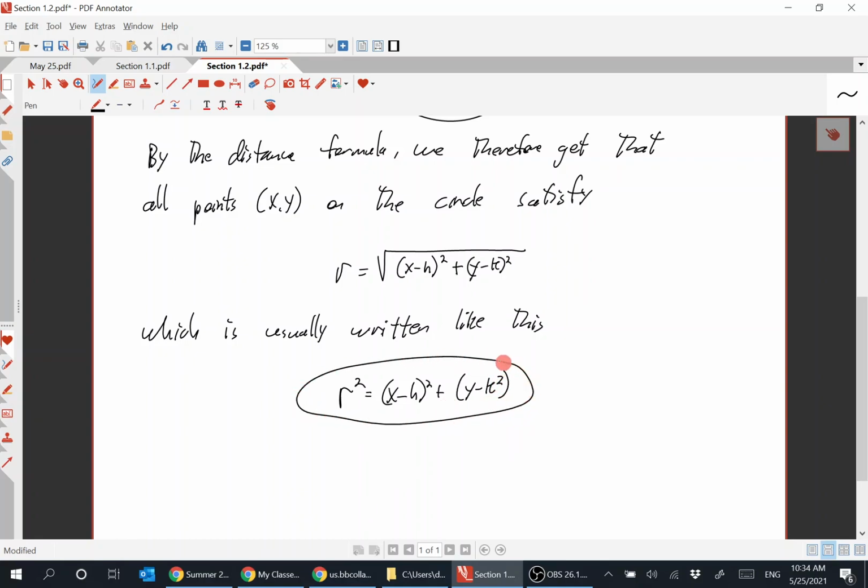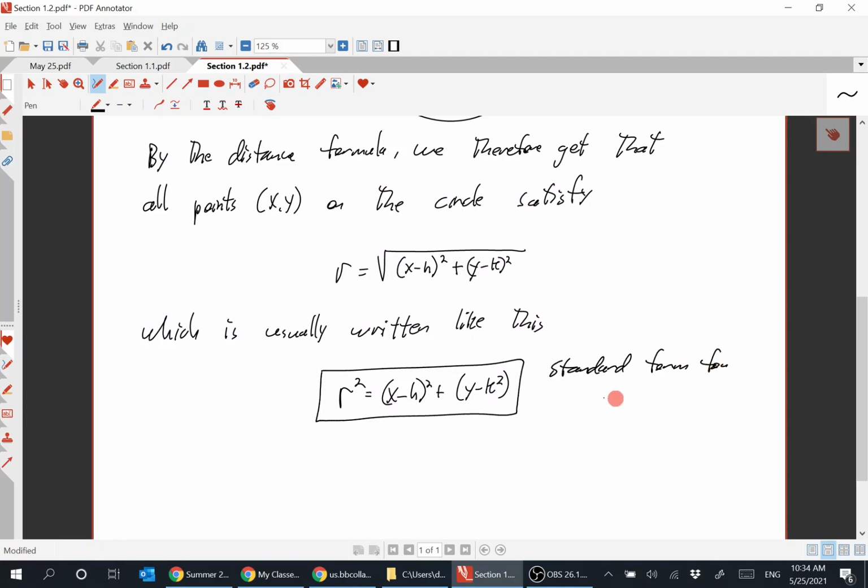So this is the standard form. That's called the standard form for the circle centered at h, k, standard form for the equation of the circle.